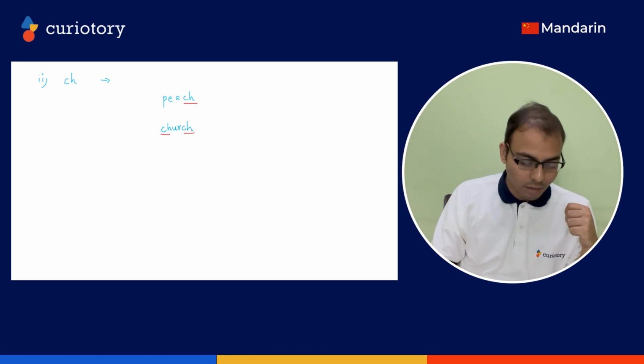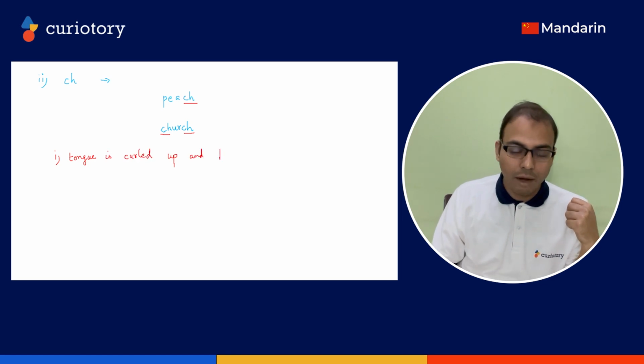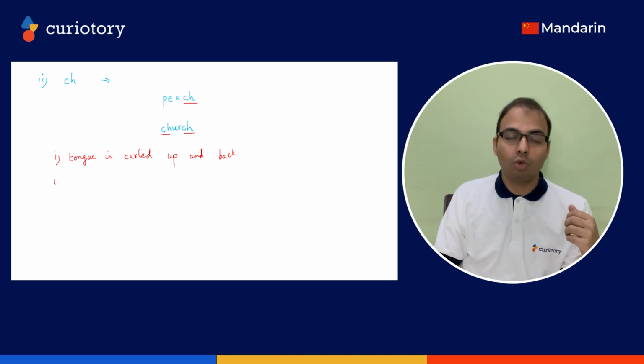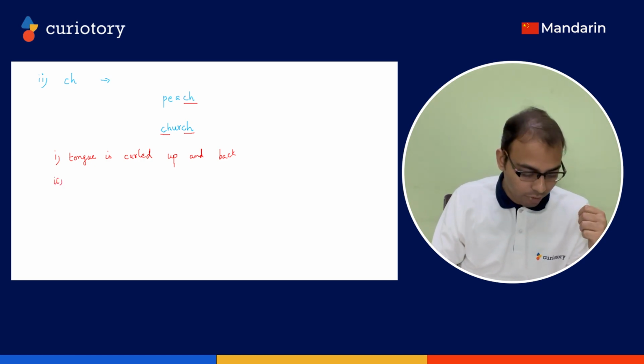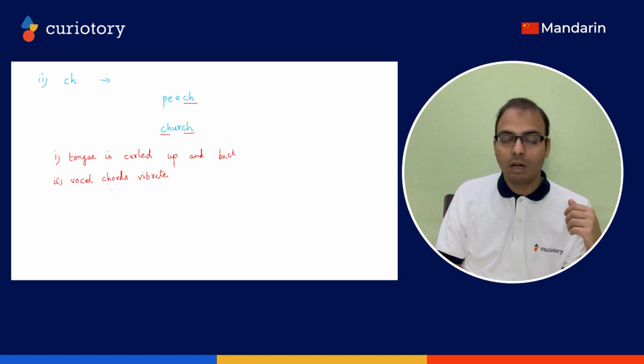But there are two rules: the tongue is curled up and back, and the vocal cords should vibrate. If you are not ensuring these rules, you are not pronouncing it the correct way.